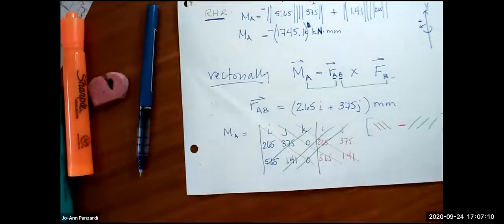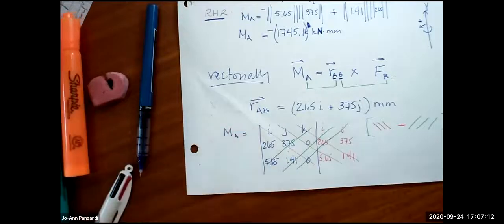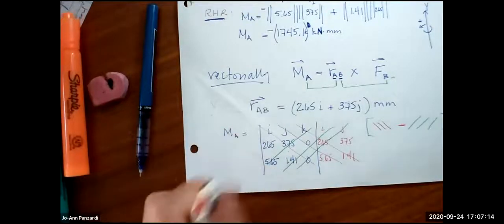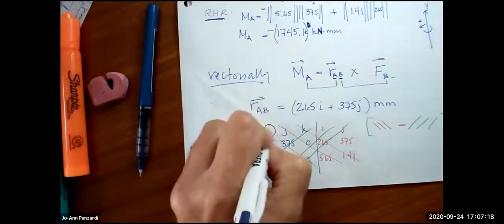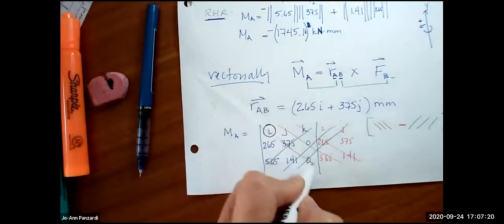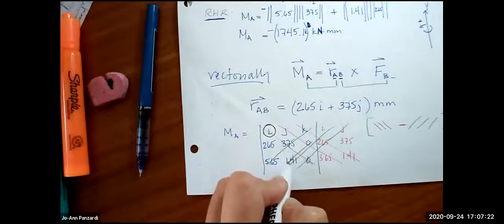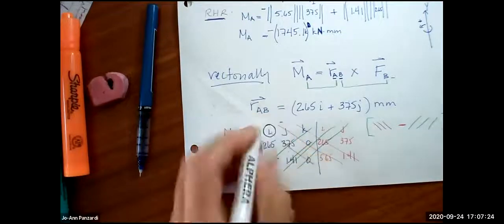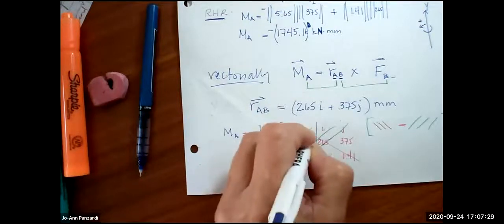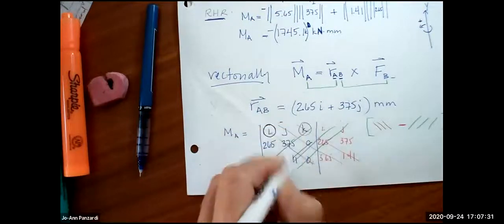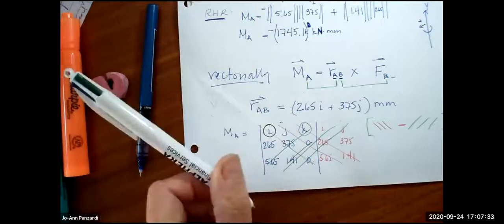Another way, which probably more of you do, is you take a look at the I, and you do the determinant here, and then you subtract the J determinant of this and this and this and this, and then you take the K and you do this and this. Is everybody following what I'm saying?